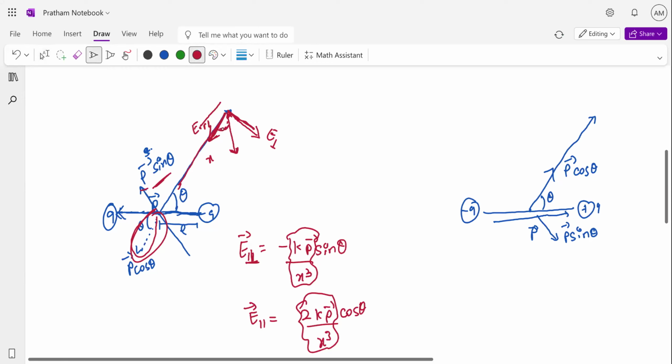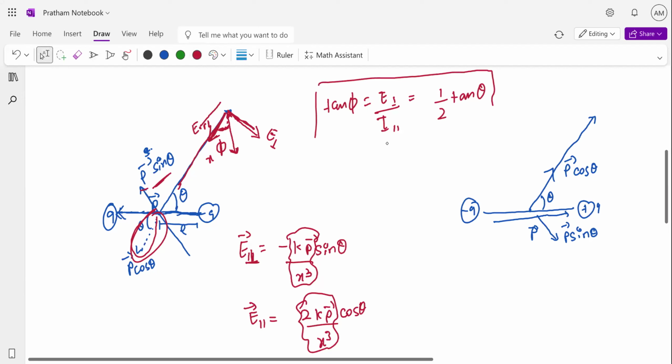We can call it some angle phi. So what is the value of this phi? Tan phi equals E perpendicular divided by E parallel. If you put in the values, you will get something like 1 by 2 tan theta. Understood? This is what you are going to get.